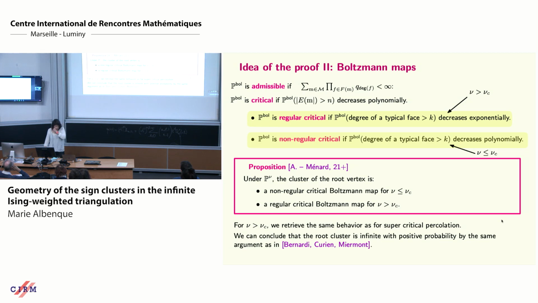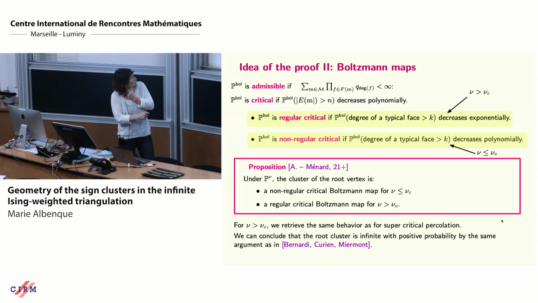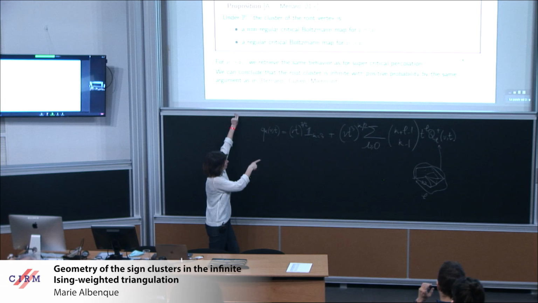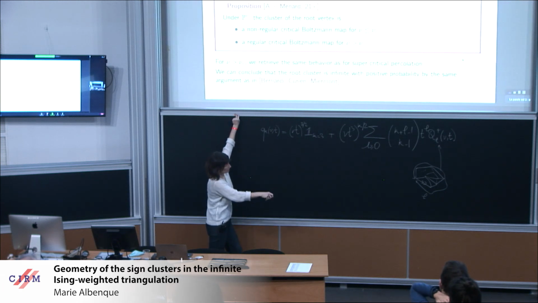And to be able to prove this result, we need to say in which setting we are, whether we are regular critical or non-regular critical Boltzmann map. And of course, this behavior depends on the weights and on the asymptotic properties of the weights. If you look at the expression for the weights, you can see that the expression we have for the q_k depends really on this q_l here.